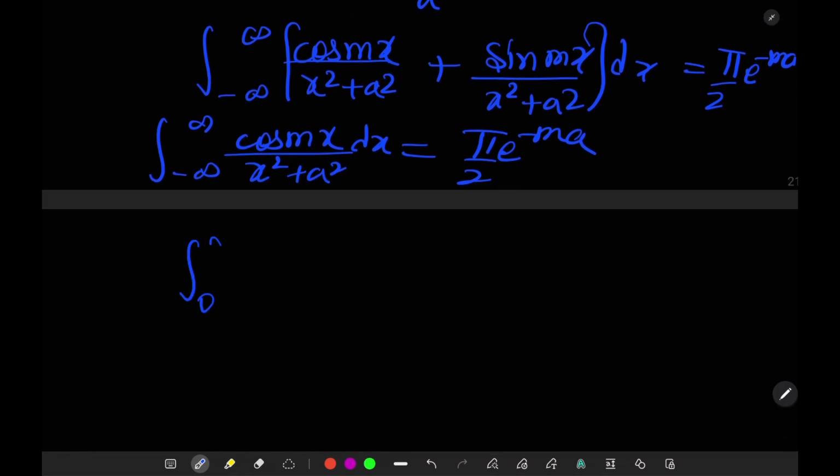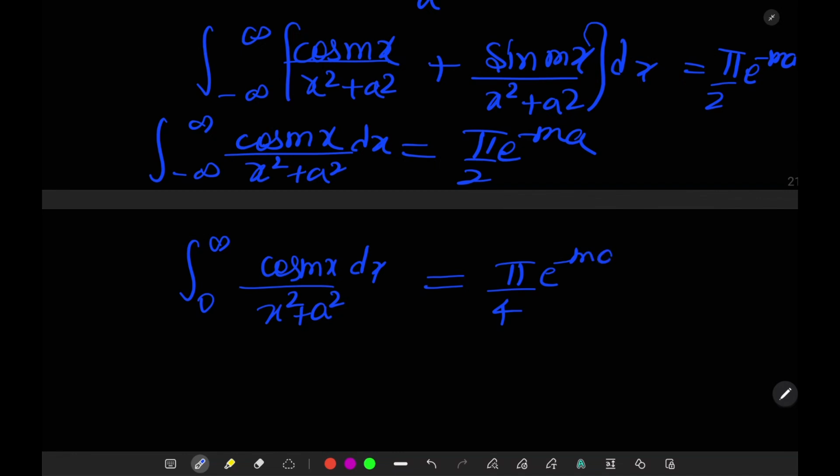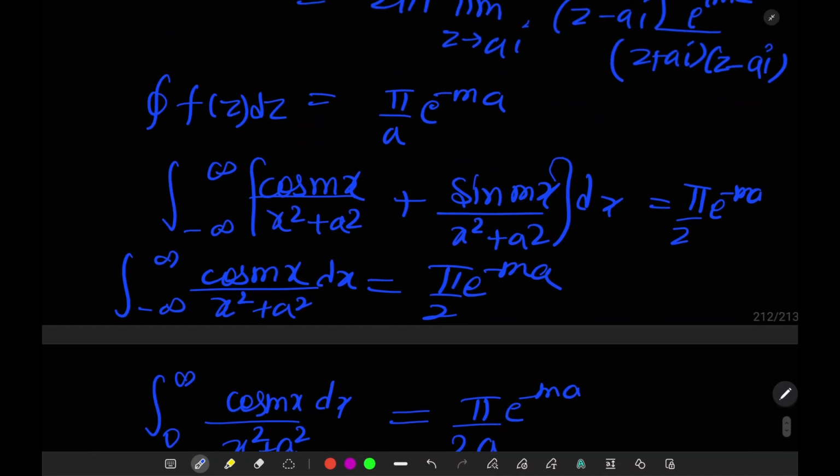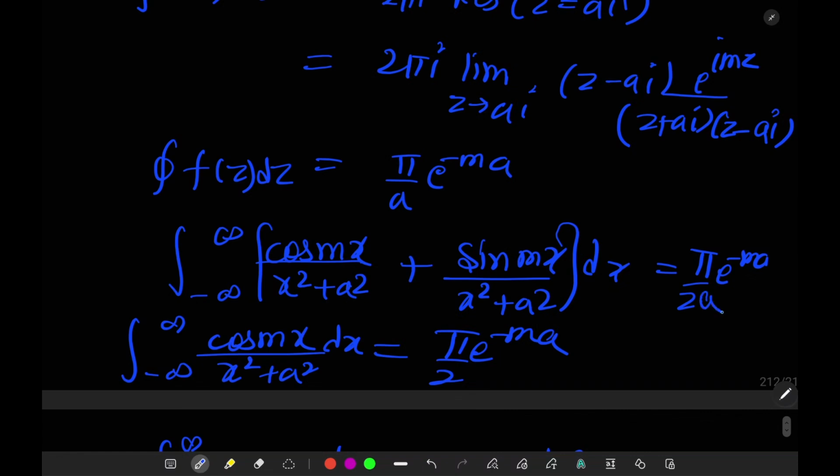Now we need 0 to infinity cos mx dx divided by x square plus a square value. So we convert this integral into this by multiplying by 2. So we get this. Sorry, this is left.